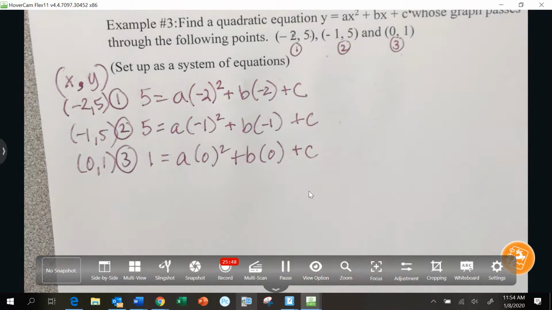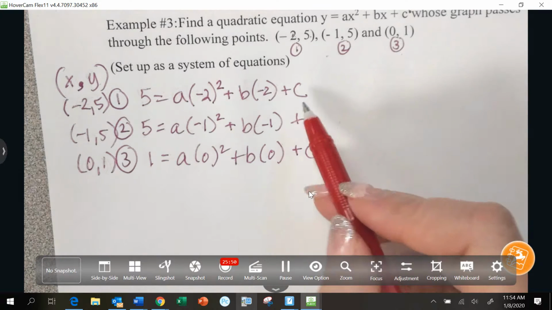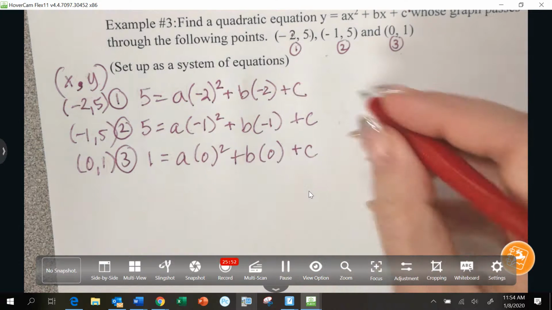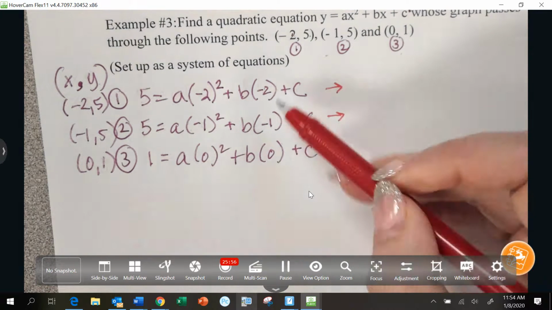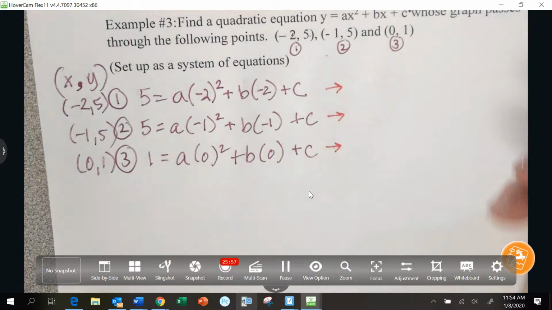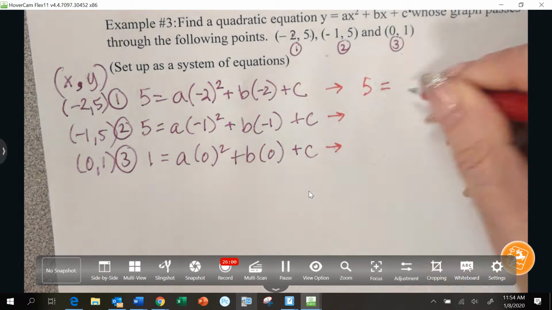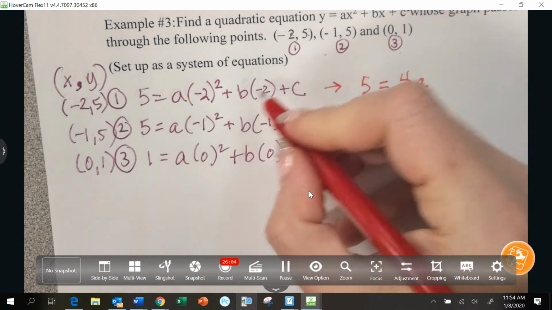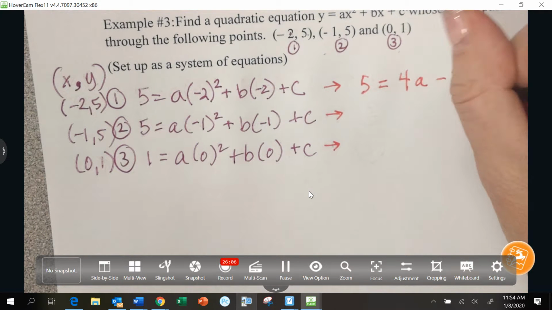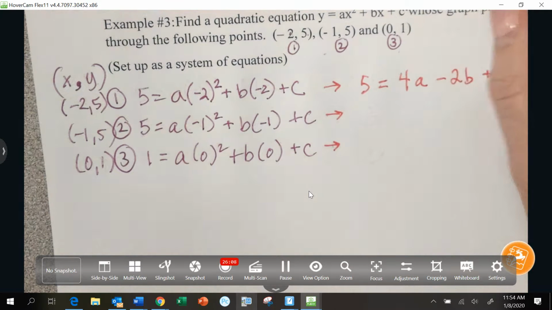Before I even start that, I think I'm going to make these look a lot nicer by getting rid of the squared and the parentheses. So 5 equals -2 squared is 4a, and then -2 times b is -2b, plus c.